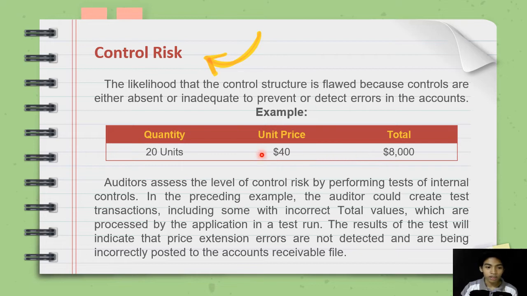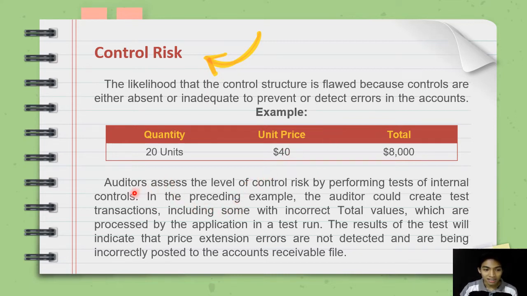An accounting information system, or the AIS, with adequate control should prevent or detect such error. But if controls are lacking and the value of the total in each record is not validated before processing, then the risk of undetected errors entering the data files increases.